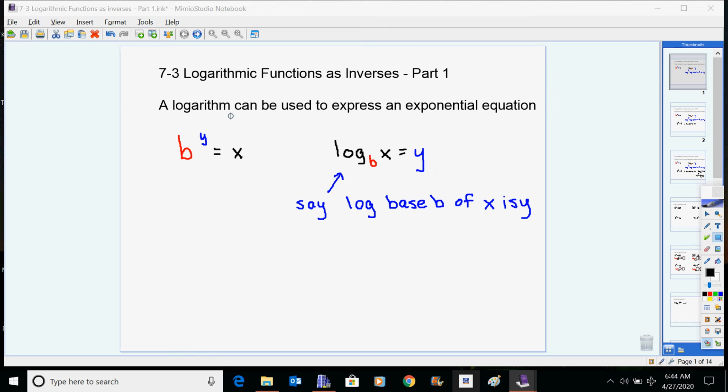But a logarithm, here's our basic exponential equation, okay? A number to a power equals something. Okay, so we've been doing those type of things. Logarithms take that and shuffle the whole thing around. This is logarithm: log base b, here's our base, of x equals y, equals the exponent.